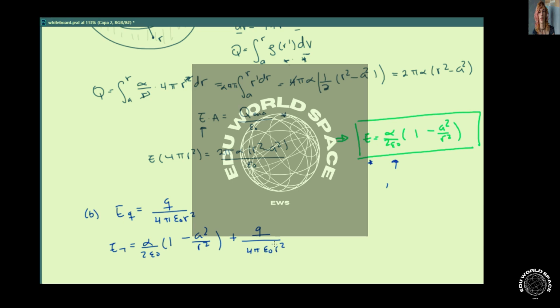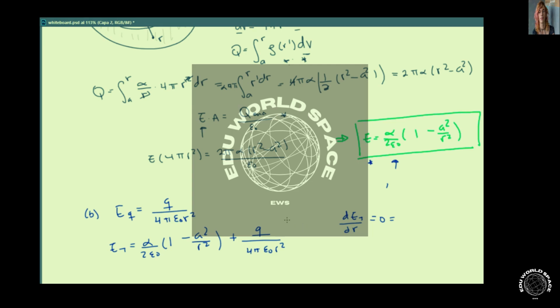How do I know that the field is constant? I have to take its derivative with respect to distance. When this is equal to 0, I know the field is not changing, so it is constant.